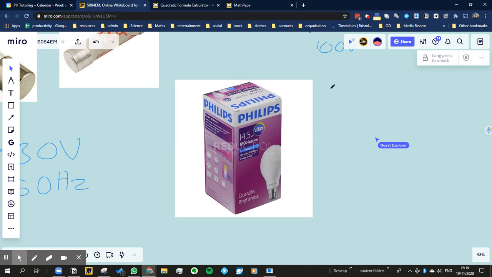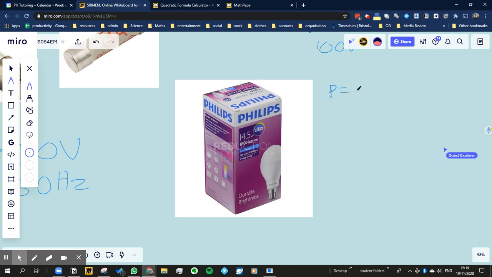We're going to say that the power for this light bulb is equal to 14.5 watts. How are we going to use this to calculate the current? Well, it would depend on the voltage, because the electrical power is also calculated by current times voltage.